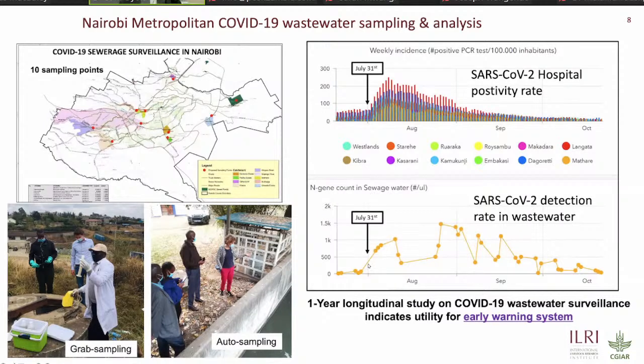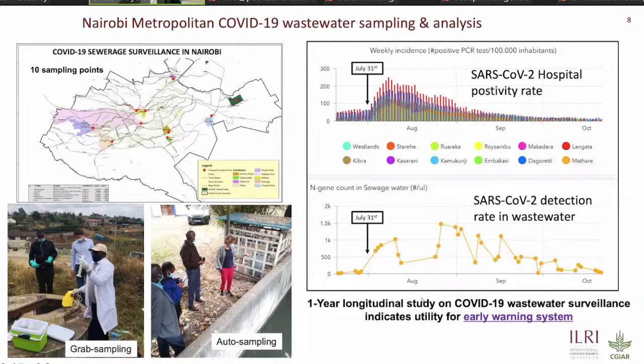But we had started to see the increase from the sewage data here. So what makes this so critical is that, as you can see, a few days later, the hospital signals began to rise as well.